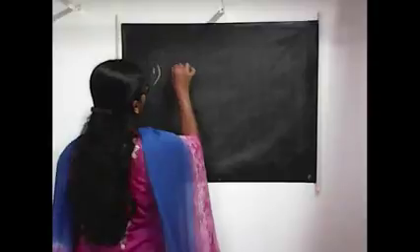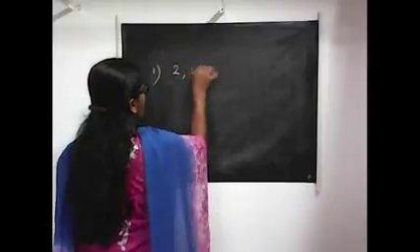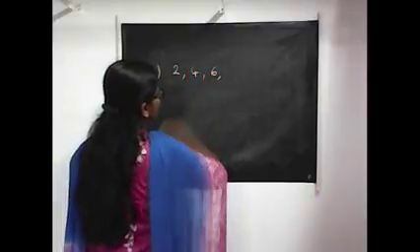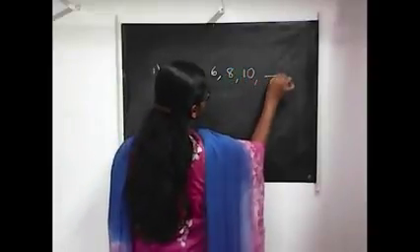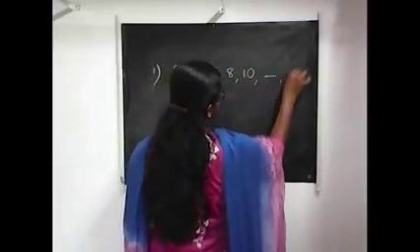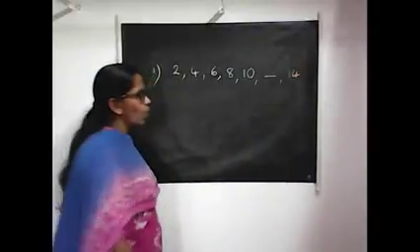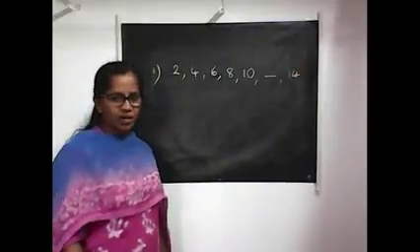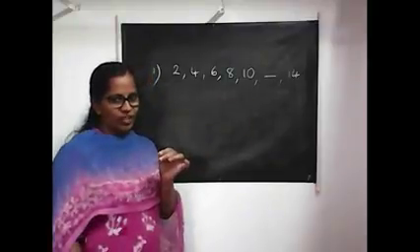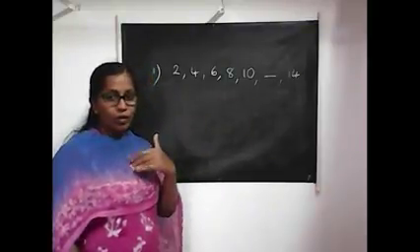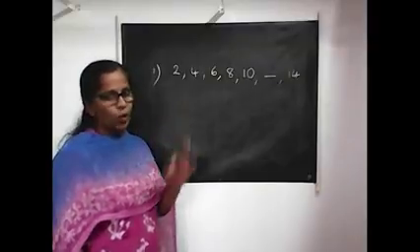For that, I'm using 2, 4, 6, 8, 10, dash, like this. One number is missing here. And I have written it in a particular or definite order. I have to follow a definite sequence or order.